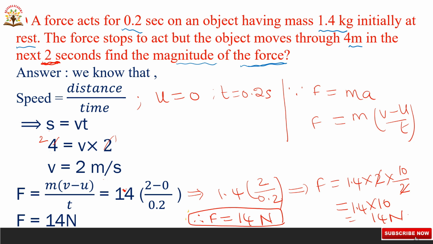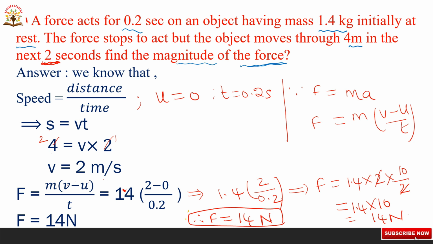After finding the value of V, then from Newton's second law of motion, F is equal to ma. F is equal to m into V minus u by t. M they have given as 1.4. Here 1.4 into V, 2, minus u, which is equal to 0. Why? Because the body is starting from rest, nothing but initial velocity is equal to 0, that is u is equal to 0, by t value 0.2.